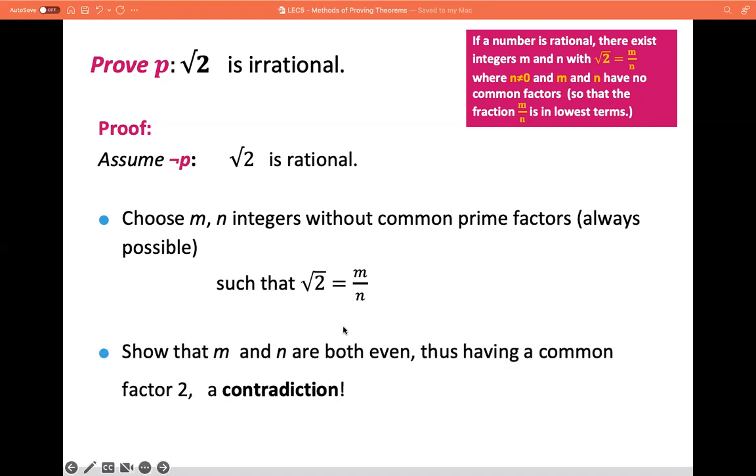What we are going to do is show that m and n are both even, because if they are both even, then they have a common factor, which is 2, and that will contradict our assumption, hence a contradiction.